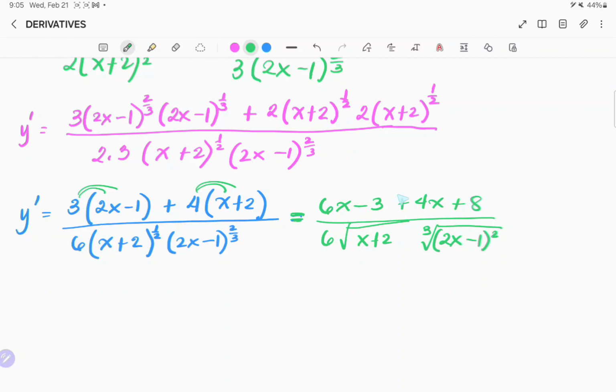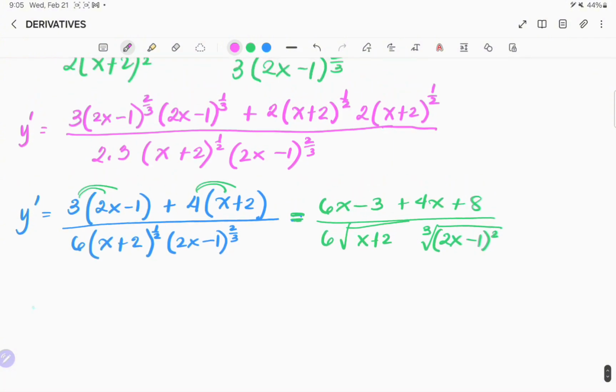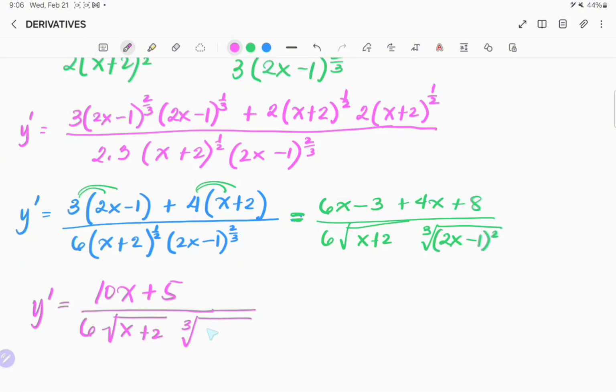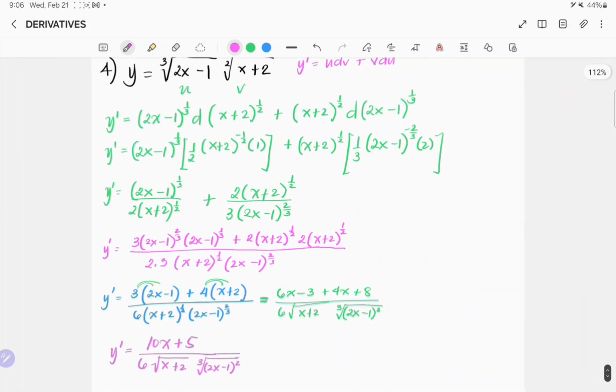And then we simplify the numerator, combine some similar terms. It will give us y prime equal to 6x plus 4x is 10x. 8 minus 3 is positive 5 over 6 square root of x plus 2 cube root of 2x minus 1 raised to 2. So this will be the derivative of the given function. So we have a very long solution here.